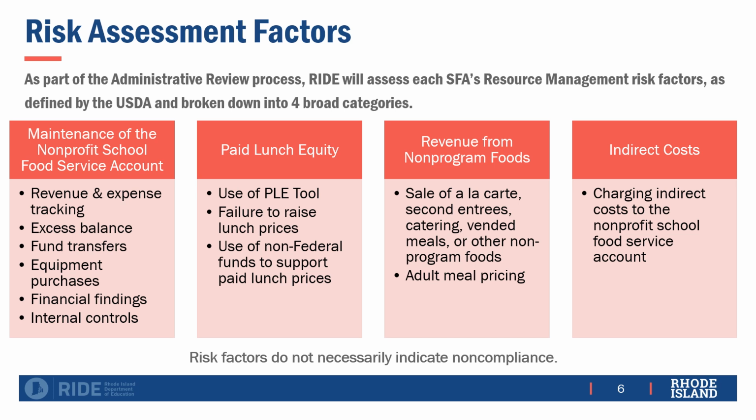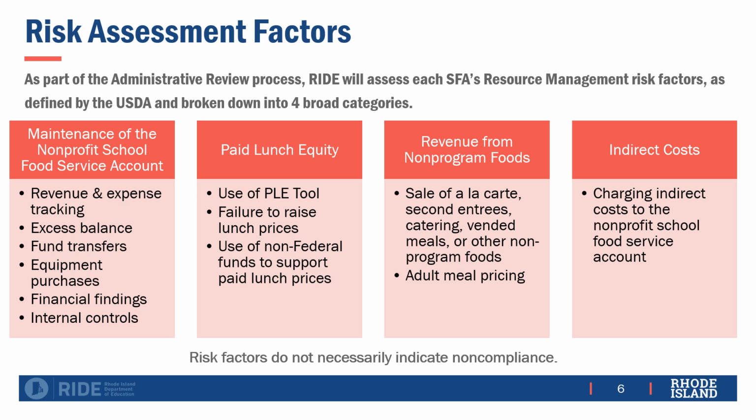In an attempt to help states and SFAs best utilize time and resources, the admin review process employs a risk assessment tool, which allows reviewers to determine the areas most likely to result in noncompliance and which warrant a more comprehensive review. The risk assessment tool determines in which areas a reviewer is required to conduct a comprehensive review.